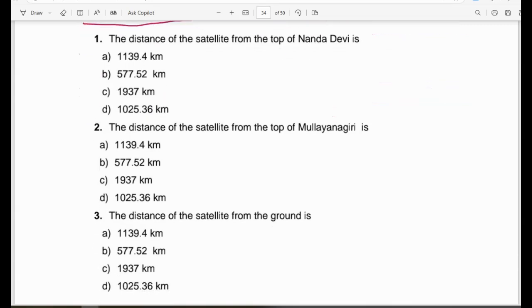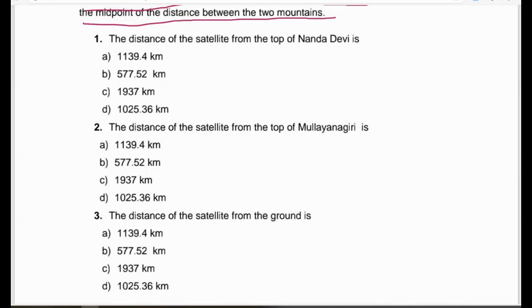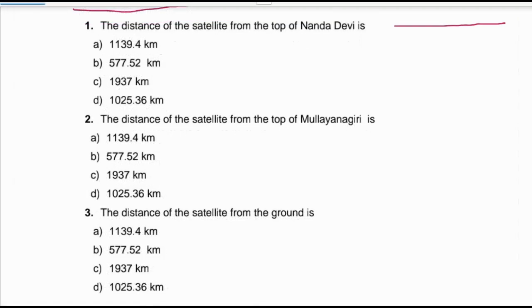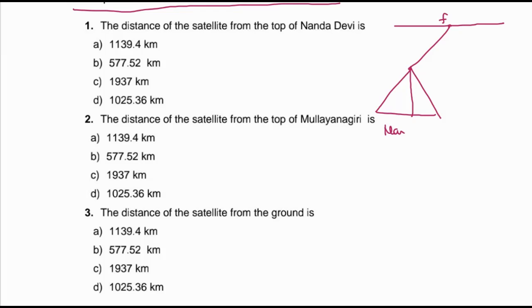Now for this, first we will take the satellite at the F place. Then from here we have a mountain, that is Nanda Devi.